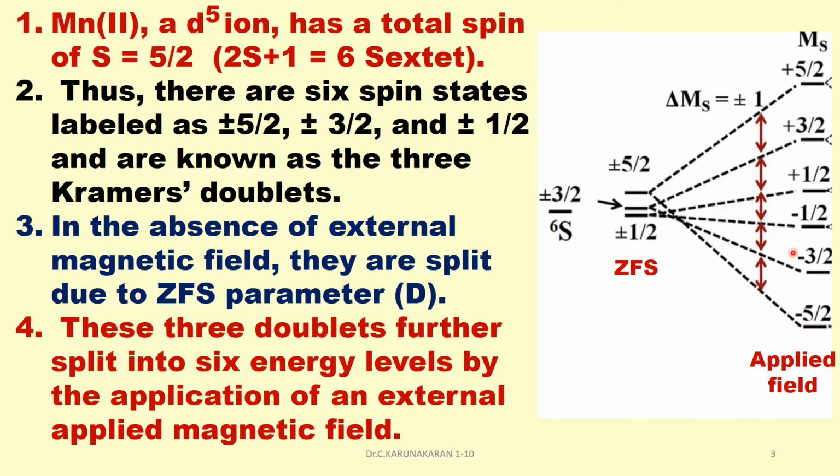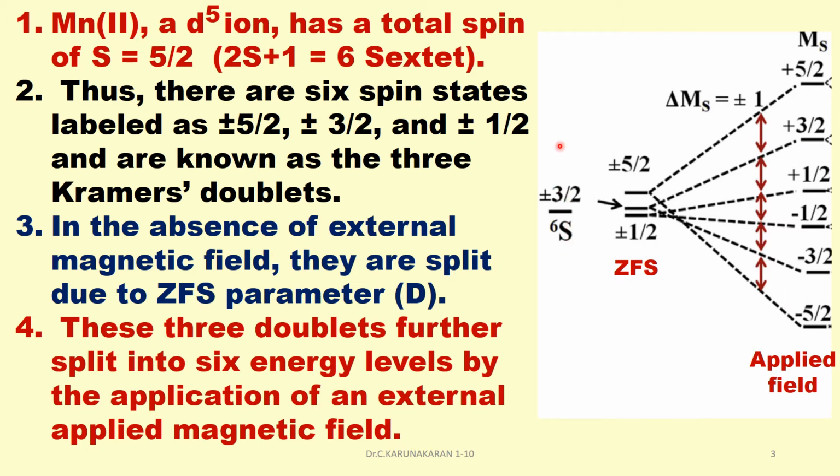There are 6 spin states: minus 5 by 2, minus 3 by 2, minus 1 by 2, and so on, labeled as plus or minus 1 by 2, plus or minus 3 by 2, plus or minus 5 by 2. There are 3 Kramers doublets. This is the S6 state.